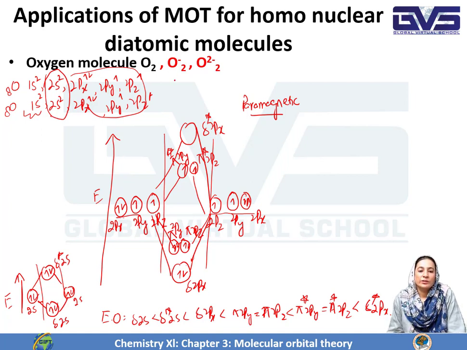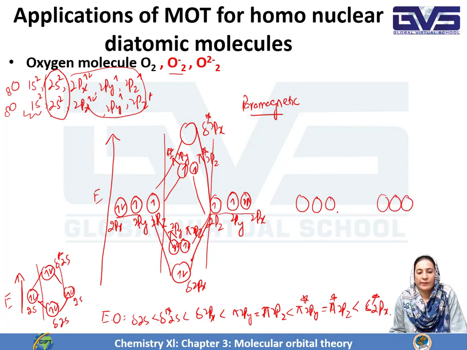And now come to O2 negative. It means 1 more electron, gaining of 1 more electron. I am just drawing this for you. The rest of the energy diagram will be the same.